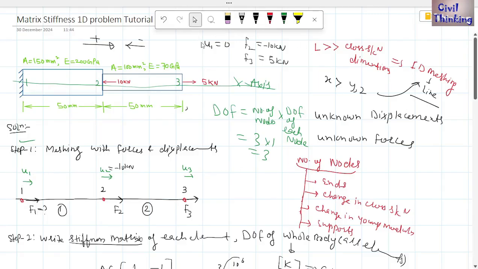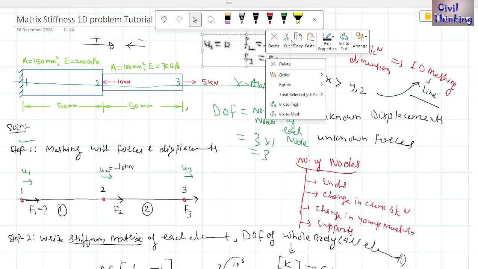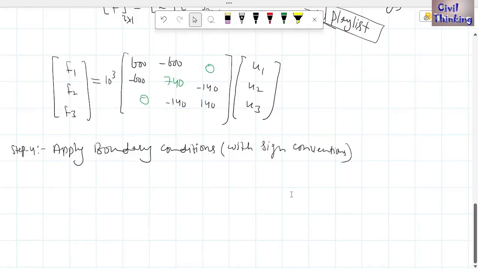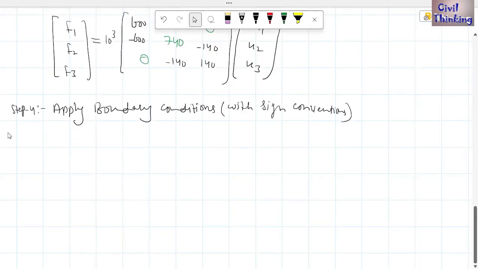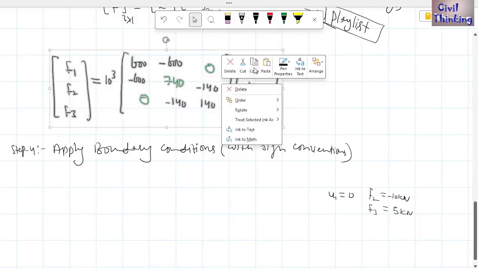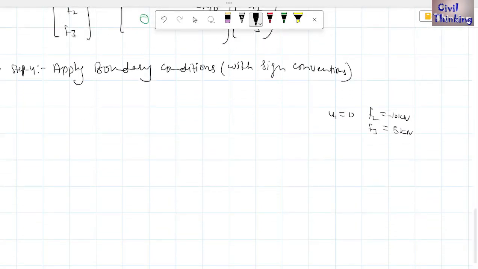I will use them in our stiffness matrix equation. So here it is. I will copy all of this and substitute the end conditions.